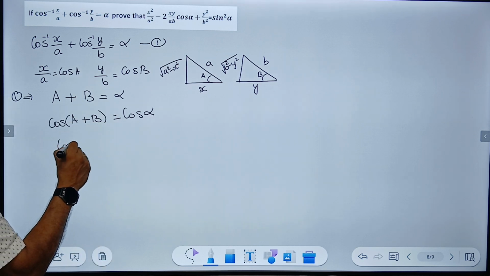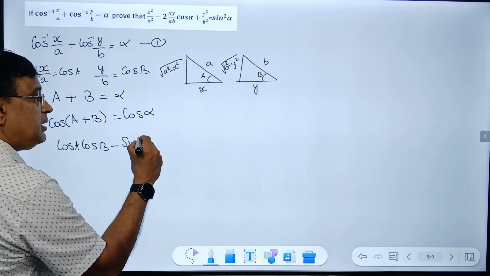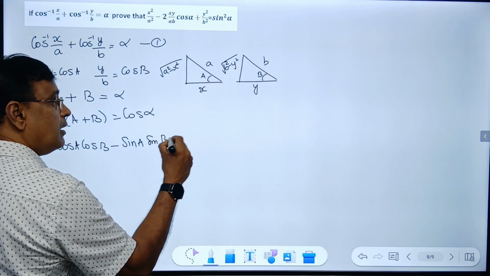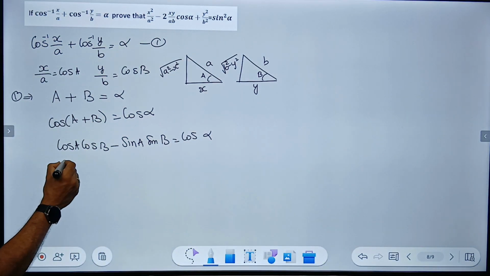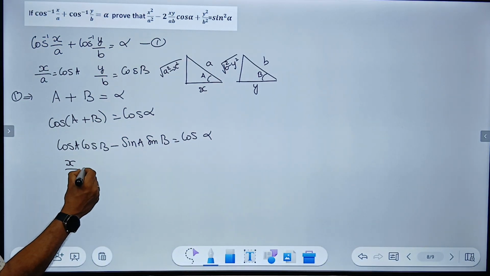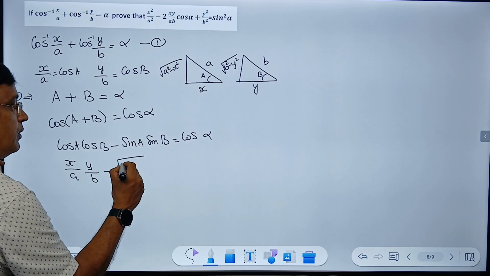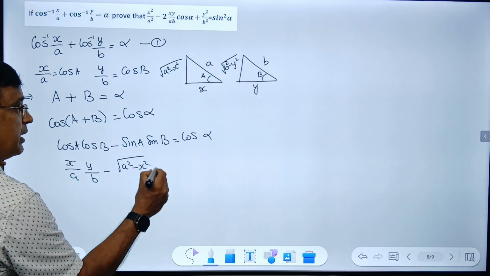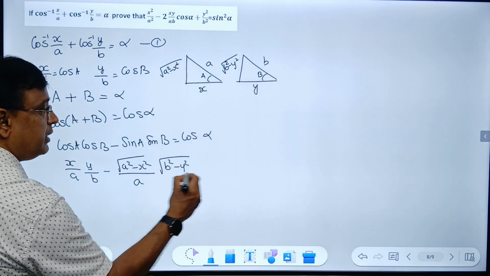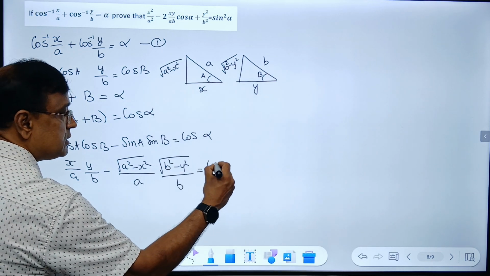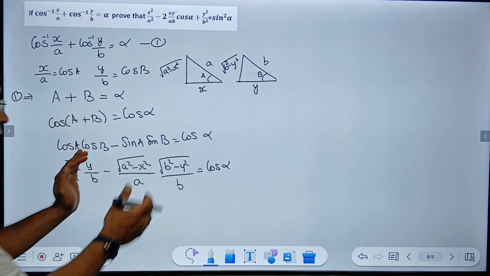So this will become cos A cos B minus sin A sin B. By taking cos, see what has happened. My cos A is x by a and my cos B is y by b, and my sin A is root of a square minus x square by a and sin B is root of b square minus y square by b. The advantage is I have got all the square roots together.